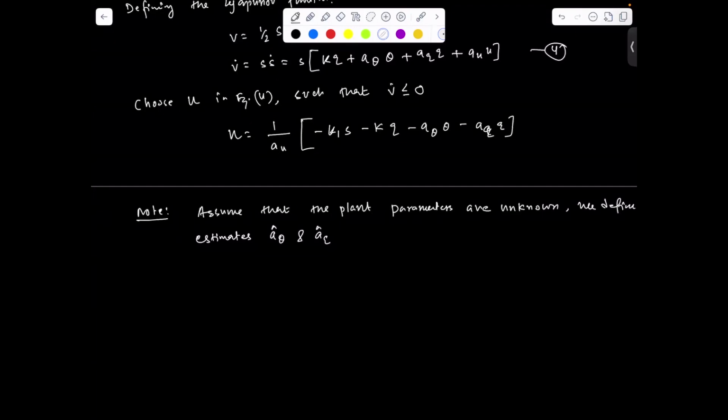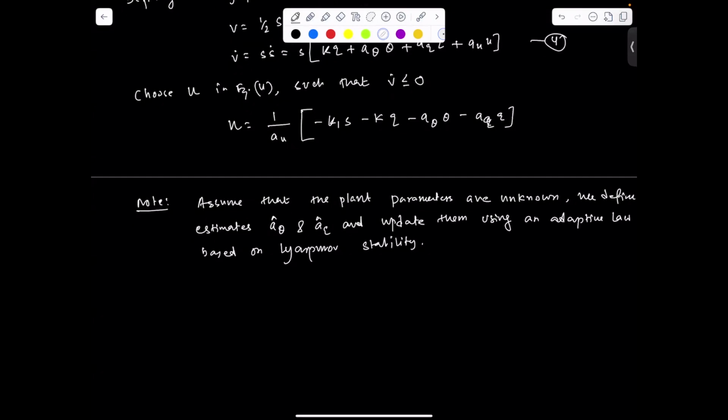These are the estimates, and we update them using an adaptive law based on Lyapunov function, Lyapunov stability.